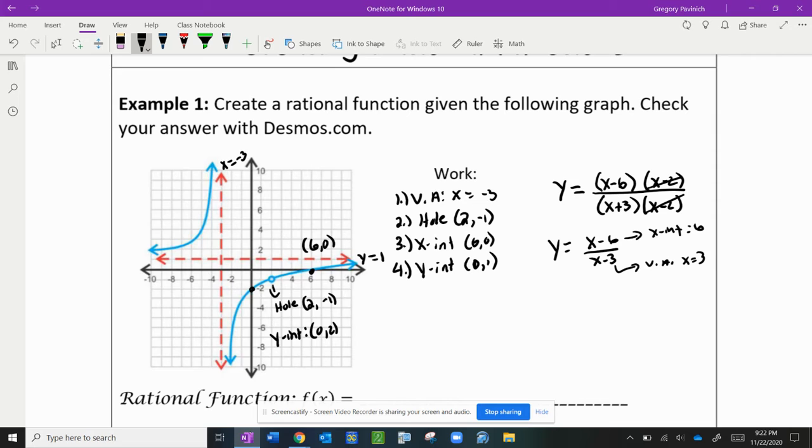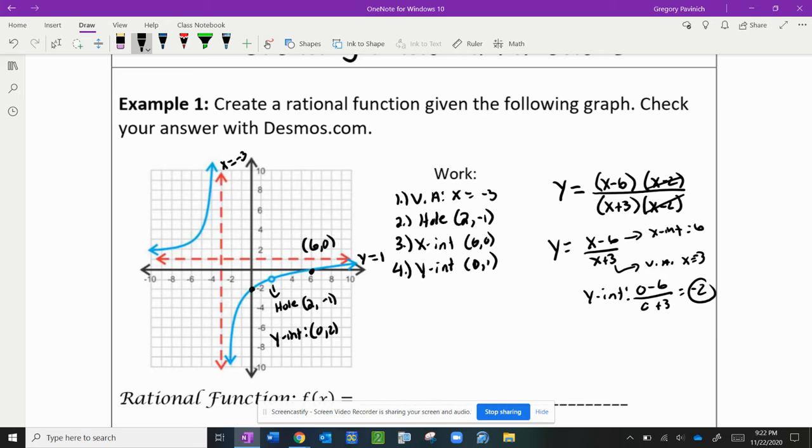I know my y-intercept would be 0 minus 6 over 0 plus 3, oh, this is a plus 3, and that would be a -2. And that's where my y-intercept is. And so everything matches up.